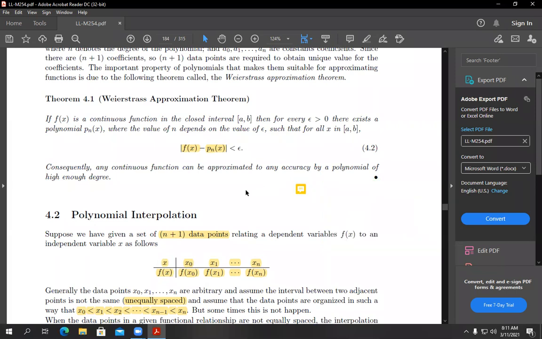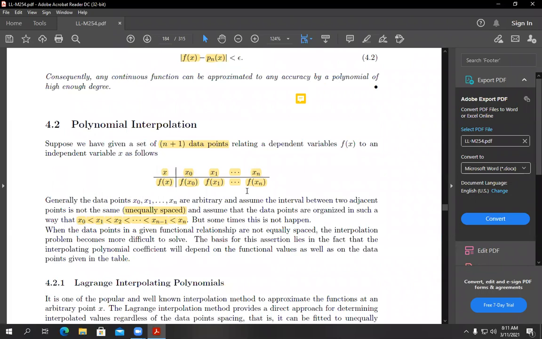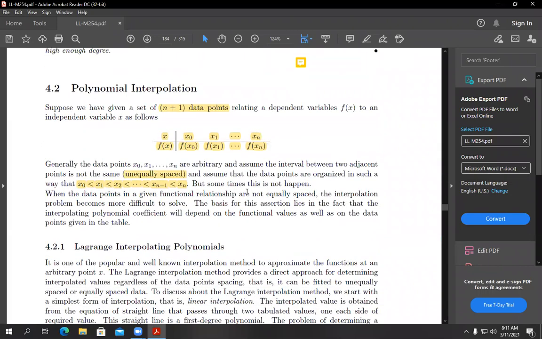Now we are ready to use the formula to find the approximation of the function at the given point. For that, as I told you, we have to use two rules. The first one is called the Lagrange interpolation formula. This is one of the best polynomials, but it also has some problems. That problem I will tell you later on, inshallah. The other one, inshallah, we will do is the Newton polynomial.